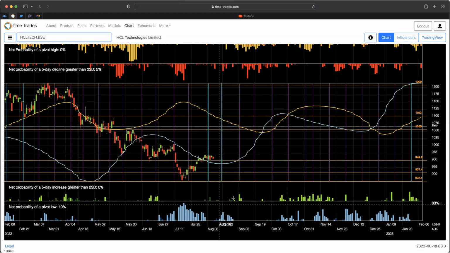There's very little indication on the upside for any up potential here. And we've got a pivot low coming into August 22nd that aligns with a 2 standard deviation down day forecast.